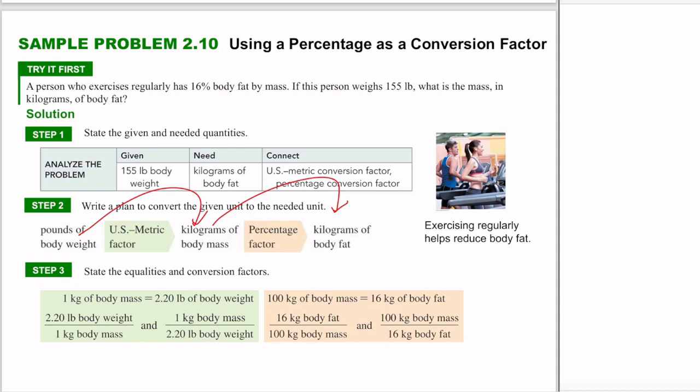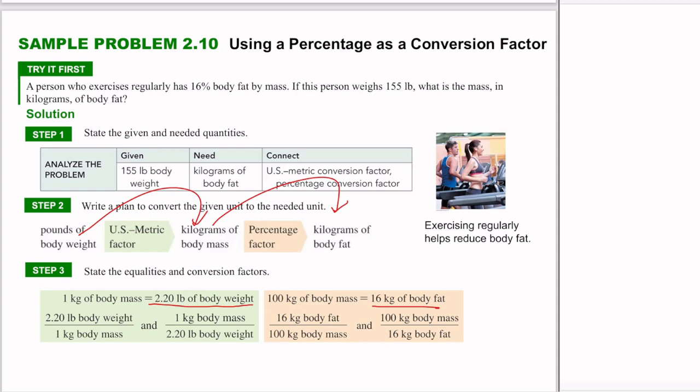We know that 1 kilogram of body mass is equal to 2.2 pounds of body weight, and 100 kilograms of body mass is equal to 16 kilograms of body fat. And that's because, remember, percentage means parts per hundred.